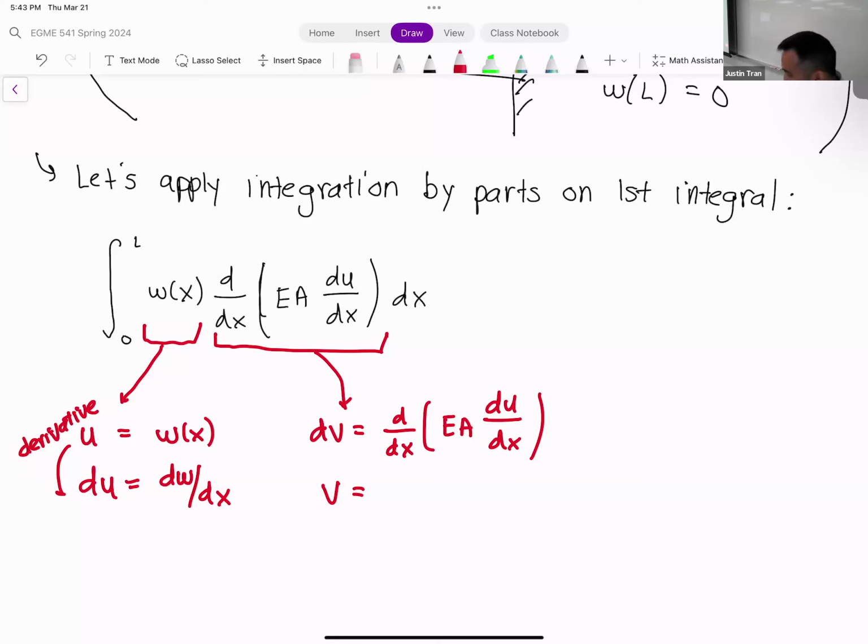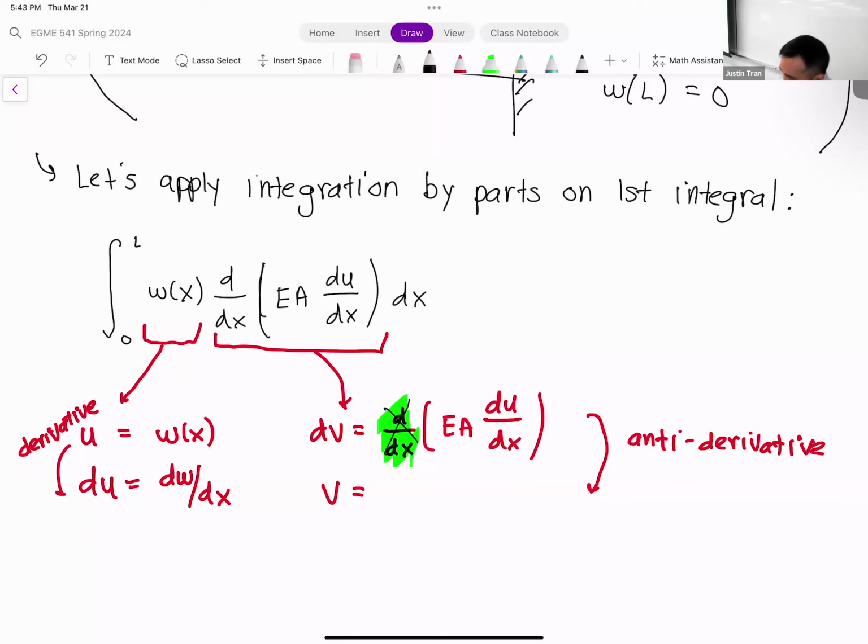And then for the quantity dv, we're going to do the opposite. For dv, we're going to take the antiderivative, or in other words, take the integral. This works out pretty well because we have a d/dx right here, so taking the antiderivative is just going to cancel out this term.